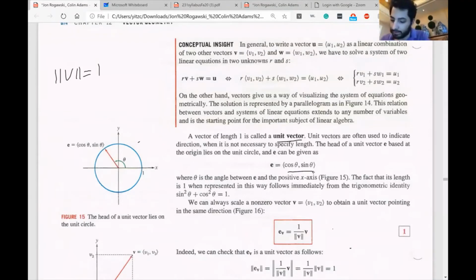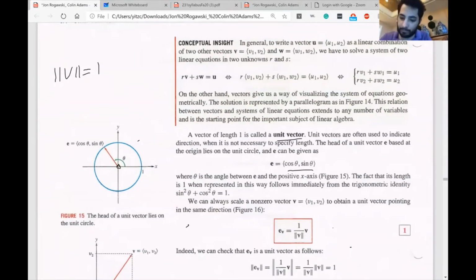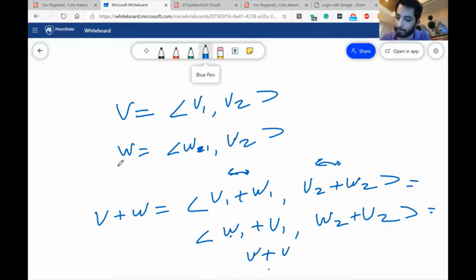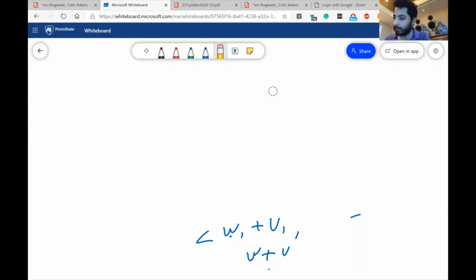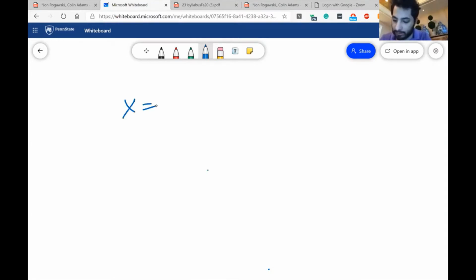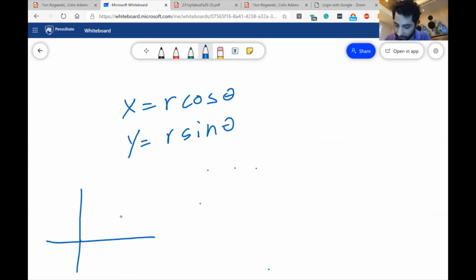And it lies on the unit circle if you put the tail of the vector at the origin. So why is this? Well, we know that x is equal to r cosine of theta, and y is equal to r sine of theta when you have some line over here, but you can really think of it as a vector.